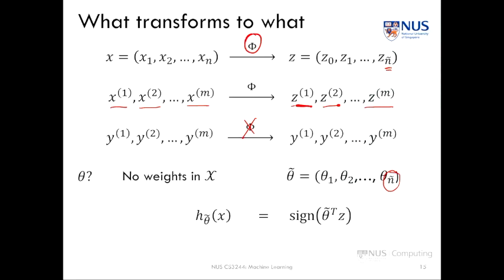And so our classification is going to be this h tilde theta of x, which, in the linear or binary classification case, is just the sign of the transformed data point in z space times the weight vector that we have determined for it. As we've seen here, it's basically the same, just that z is a transformation of x through the phi function.